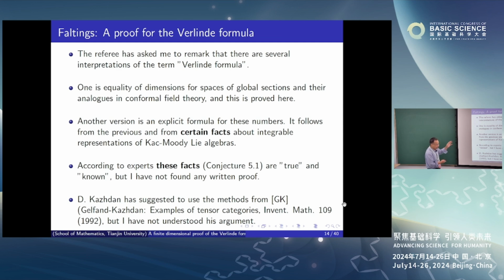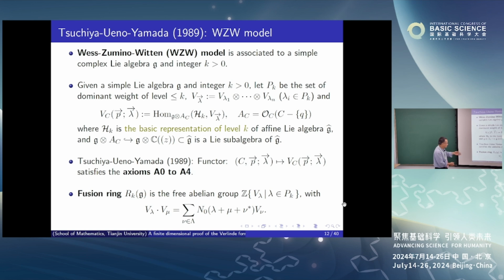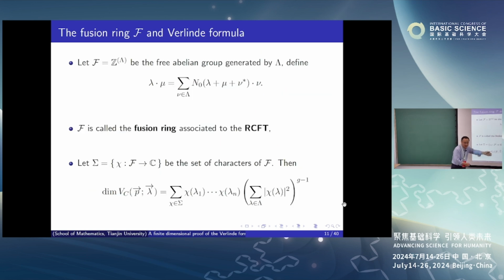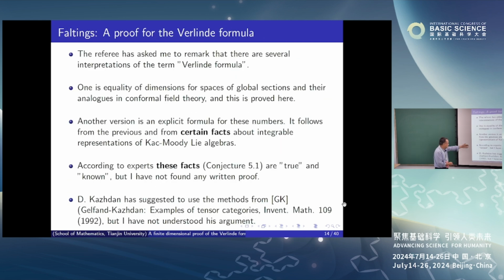I guess here he said an explicit formula for those numbers. In fact, he means the dimension of this space, because we know how to compute this formula if you know this. And then he said, according to experts, those facts are true.